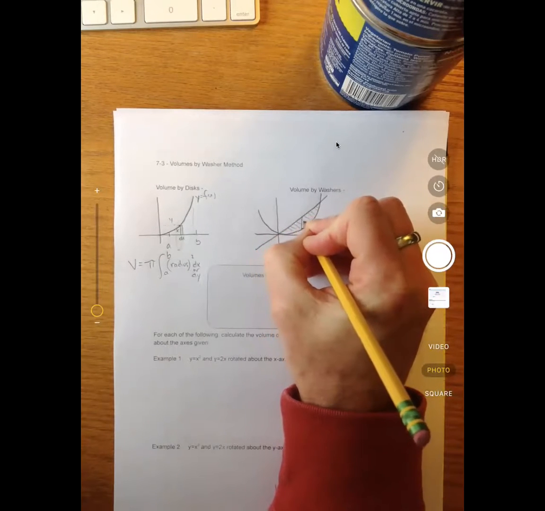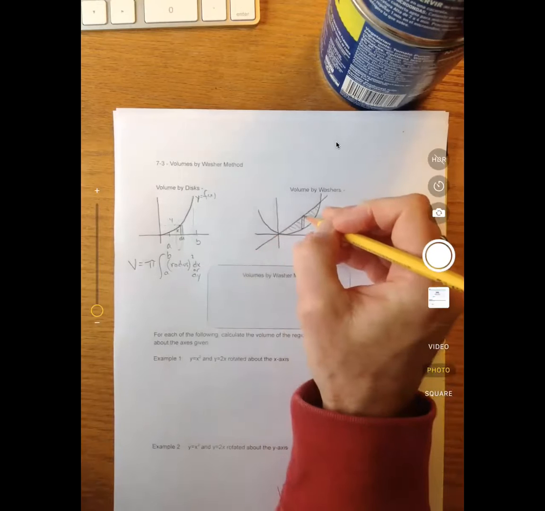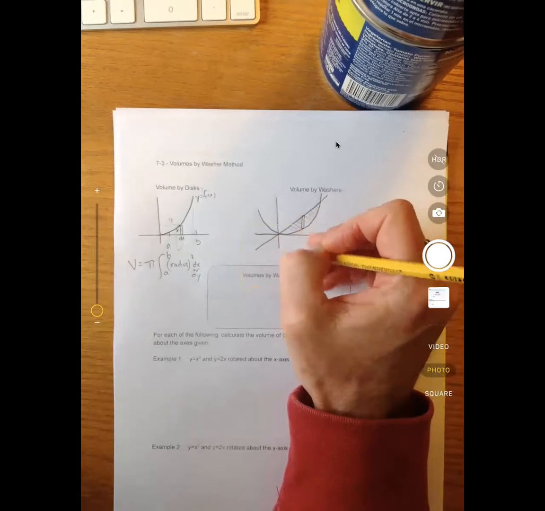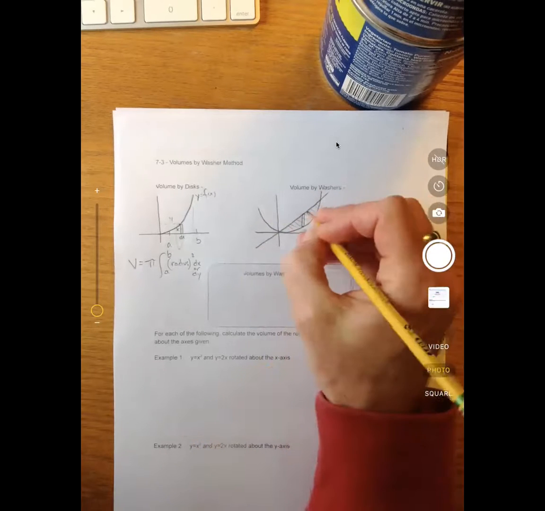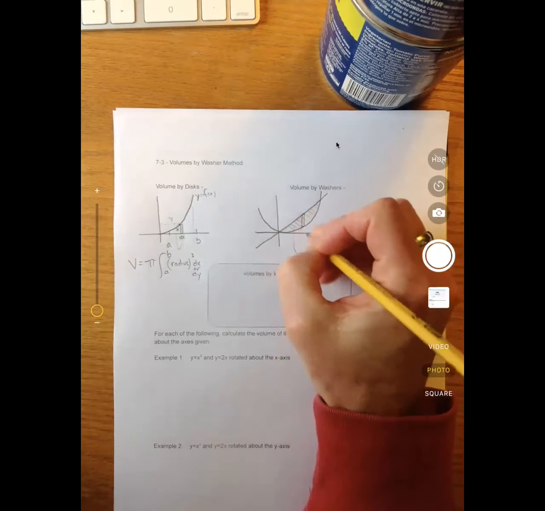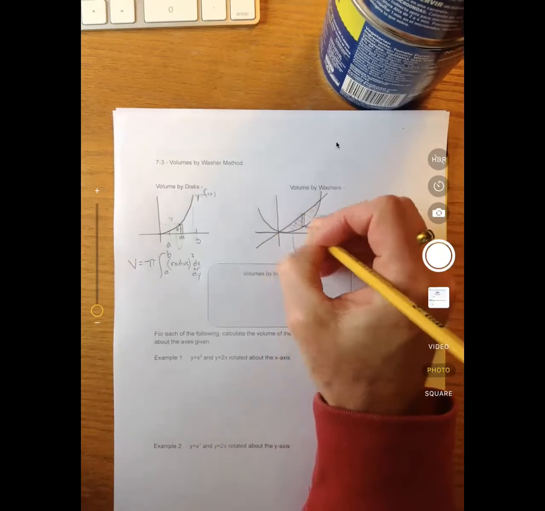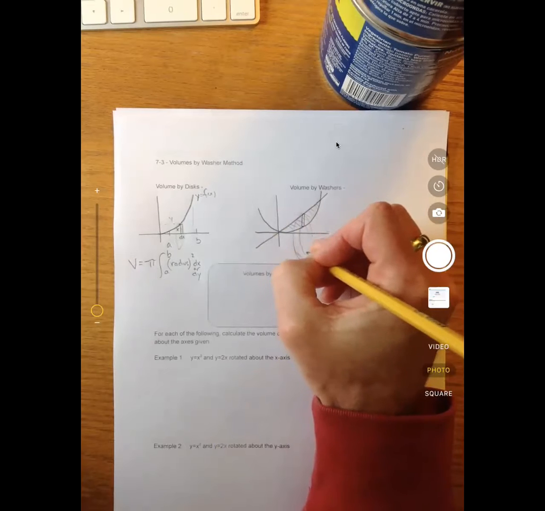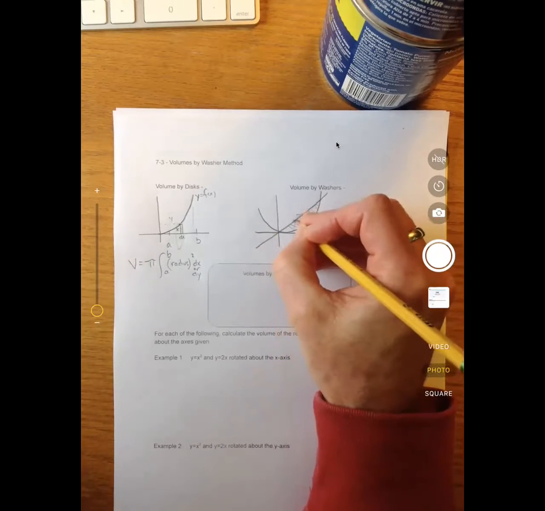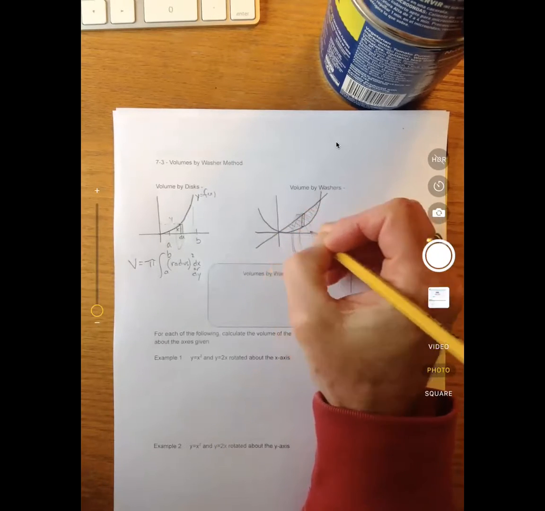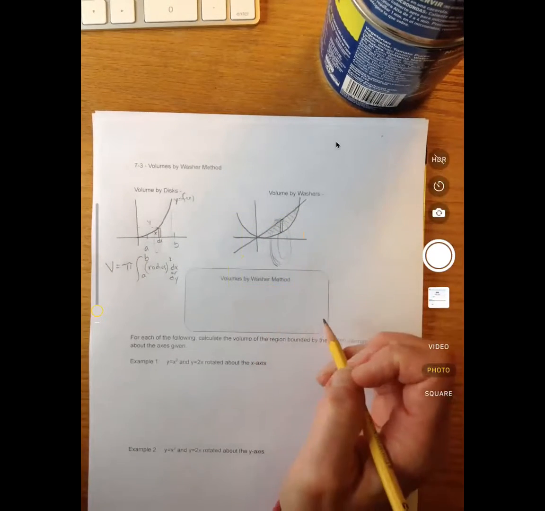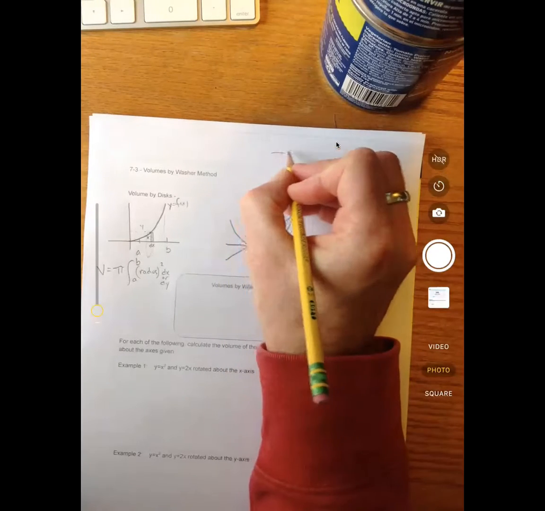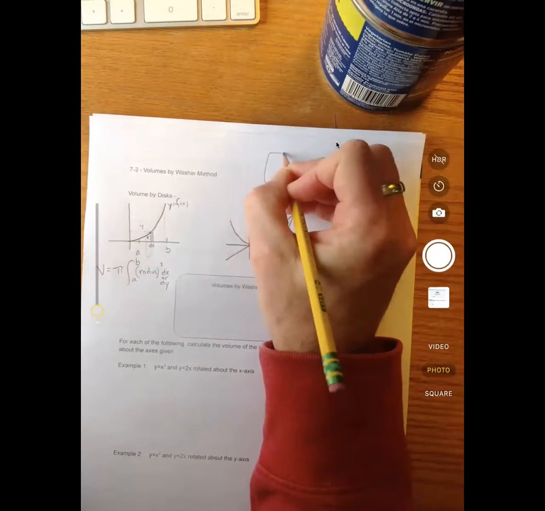So I make myself a little rectangle, and now I want to spin this rectangle around the x-axis in 3 dimensions. And what would that wind up forming? Well, I take this outer one and spin it around, and this inner one and spin it around. And I'm not the greatest drawer here, but I wind up getting a disc with a hole in it. So that disc with a hole in it, we call it a washer.